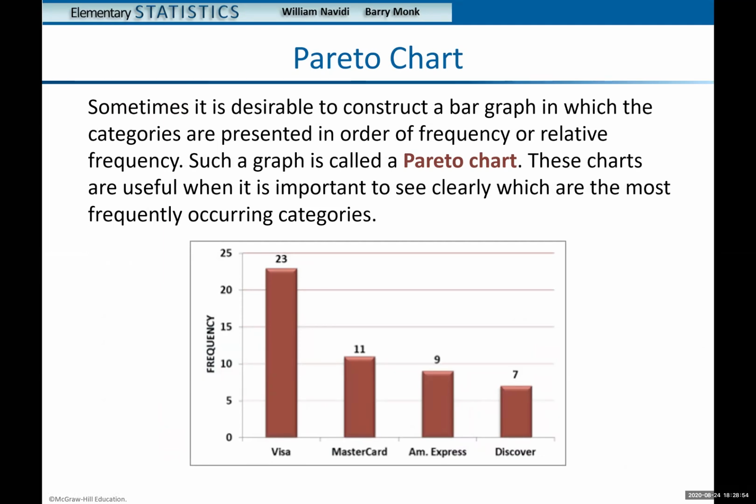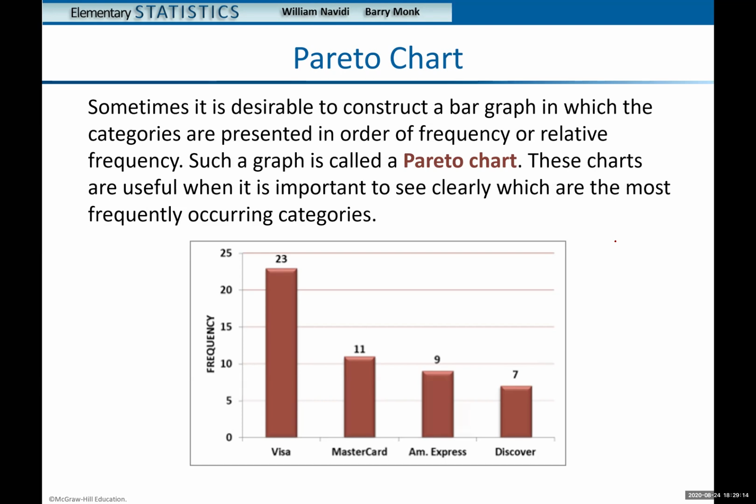Next one is the Pareto chart. If you want to copy this, it is desirable to construct a bar graph in which the categories are presented in order of relative frequency. And we have that as a Pareto chart, meaning it's in order from highest to lowest. So you just have to rearrange your bars.